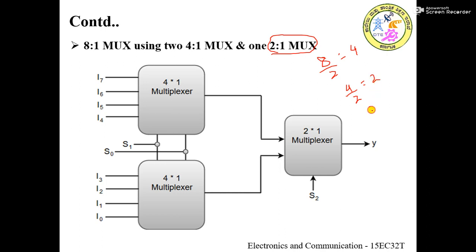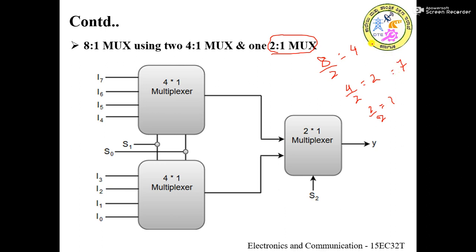Again this 2 has to be divided by 2. We got a value 1. So totally how many 2:1 muxes are required? 4 plus 2 plus 1 means totally we need 7 2:1 mux ICs.